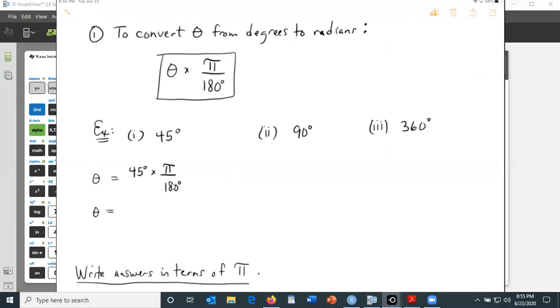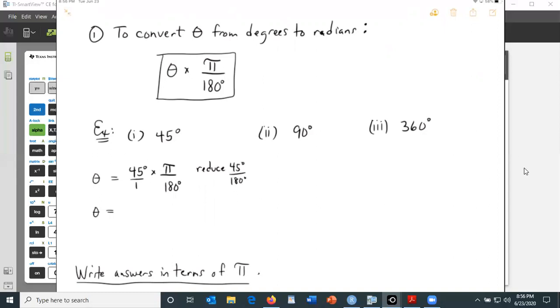Well, what you want to do first is now think about this: 45 over 1 times pi over 180. So what you could do is reduce 45 degrees over 180 degrees. The pi is like, think of it as like a variable. Think of it like x. You can just let it sit there. But what you need to do is work with the actual whole number values, 45 over 180.